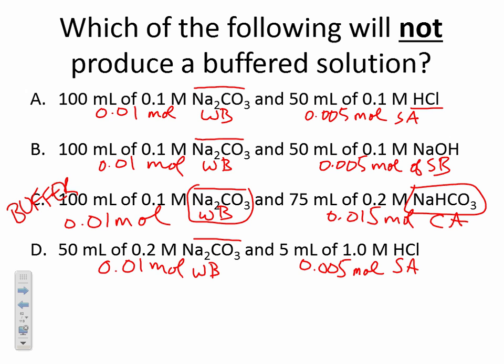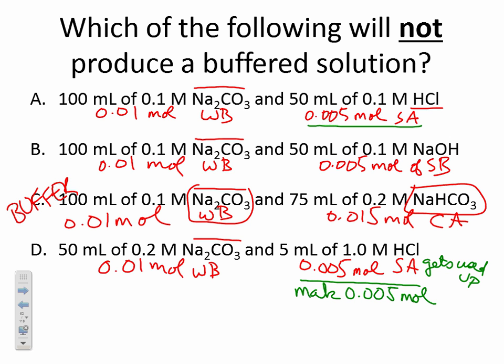Looking at A and D, notice they're the same. You have 0.01 moles of your weak base, and you react it with 0.005 moles of a strong acid. This would use up 0.005 moles, and you'd make 0.005 moles of the conjugate acid, HCO3 minus, in both of these cases.